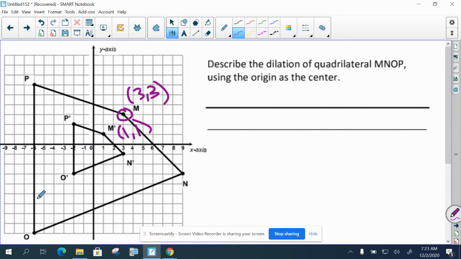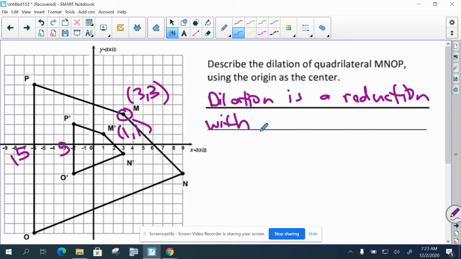Or you could count PO, which goes from negative 9 to 6, so 15. And then P'O' is 5, so that's 1/3 again. So to describe the dilation, the dilation is a reduction with a scale factor of 1/3.